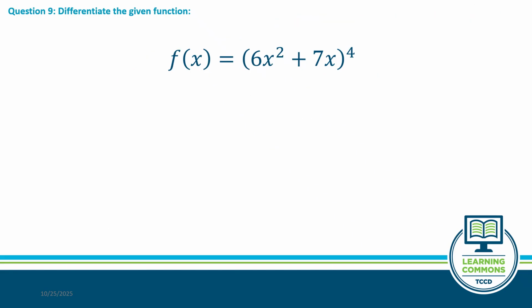Okay, so this is a really, really nice one. This is chain rule, and this one is really, really easy to spot. So the whole outside is going to be something to the 4th. The whole inside is this piece.